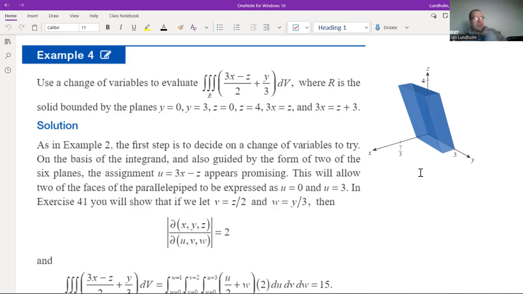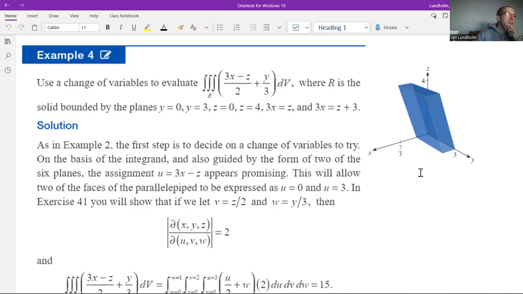But this is an occasion for us to illustrate that, hey, working with a Jacobian can actually make solving this integral easier because we won't need to set it up as 3 separate integrals where the top and the bottom boundaries change. If we change this parallelepiped to be a rectangular prism, the boundaries are going to be really, really simple.